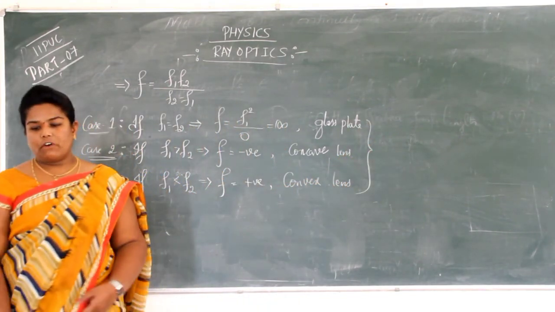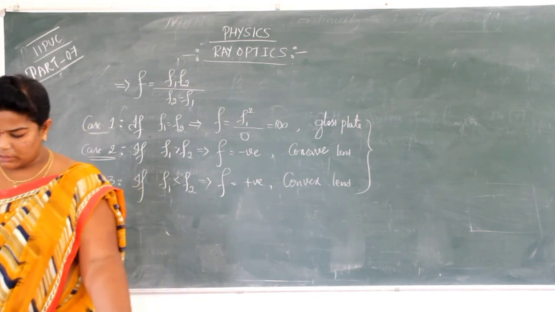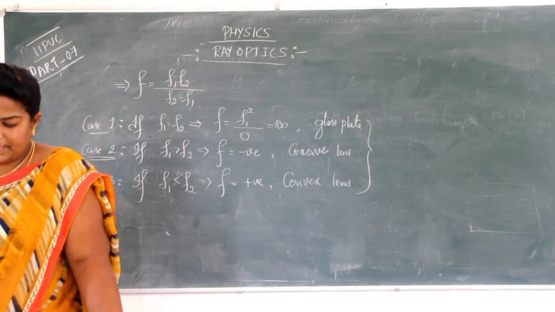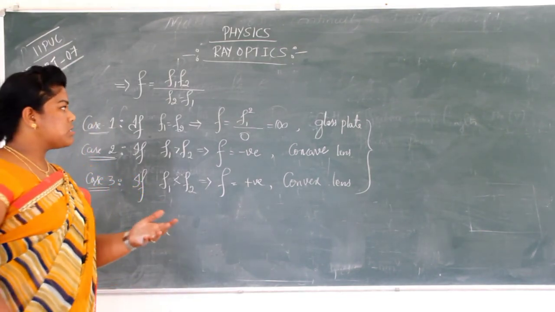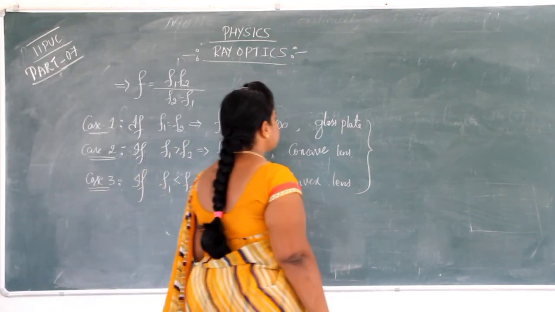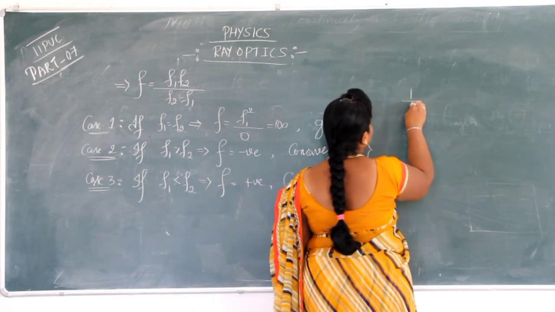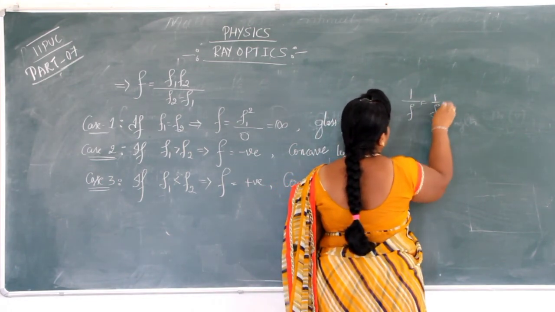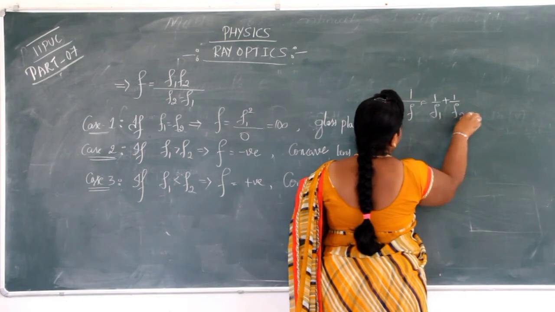These are all the formulas I just wrote on the board. If you want to deduce the expression using two concave lenses, you know the formula 1 by f is equal to 1 by f1 plus 1 by f2.